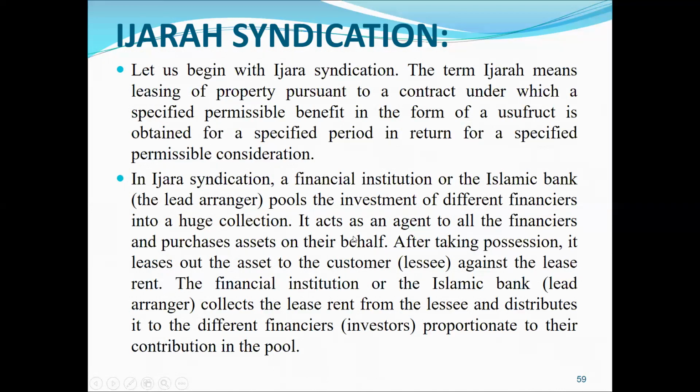They act as an agent to all these investors, and they purchase the assets on their behalf. Let's say they said, we're gonna buy a luxury property that will consist of 500 flats. Let's say you are 19 investors here.